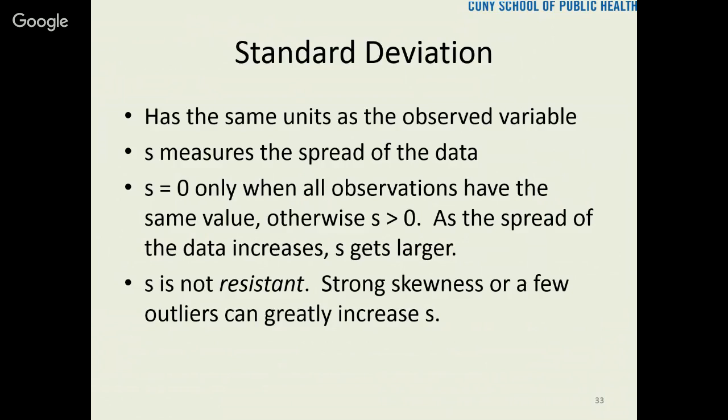So why do we use it? Why did I start out by telling you about standard deviation if it's not robust to these things? Yeah. Well, you just said it in the prior slide that it is convenient for describing normal distributions. Exactly. Paying attention. Thank you.